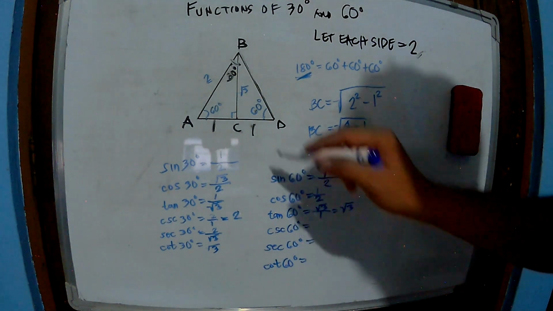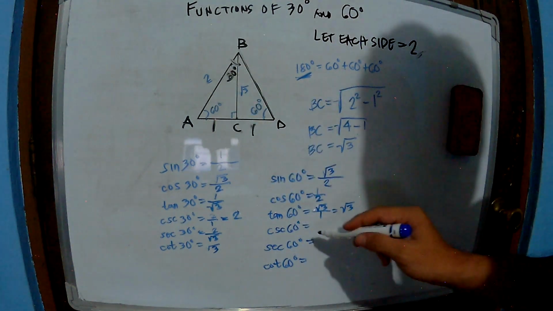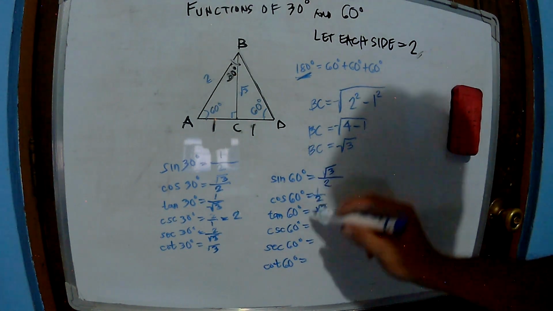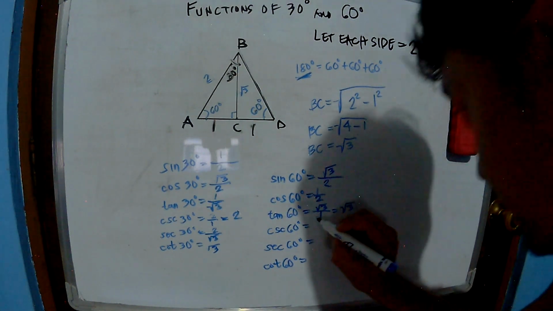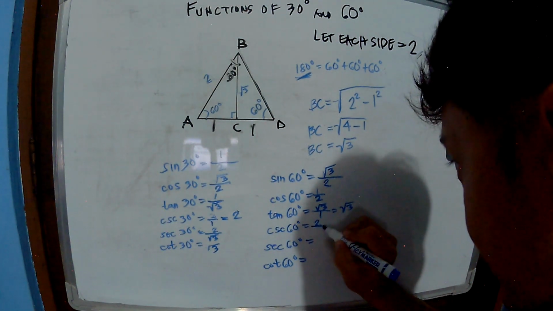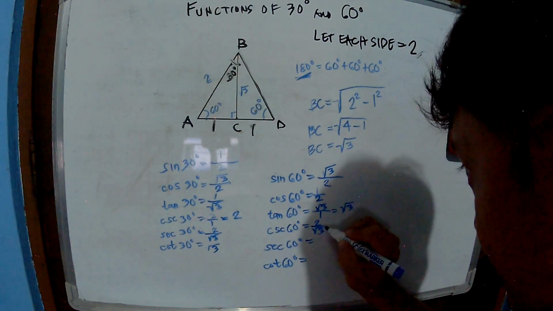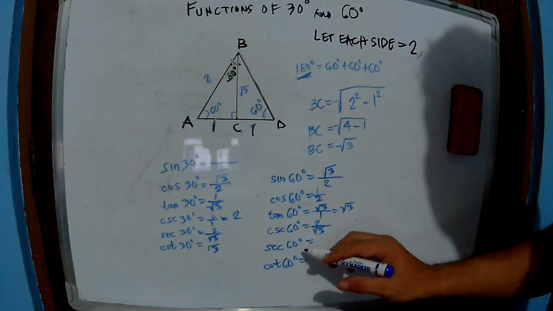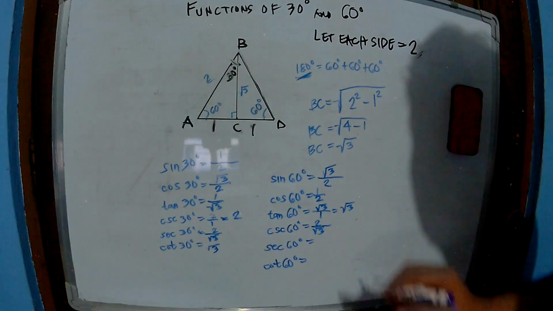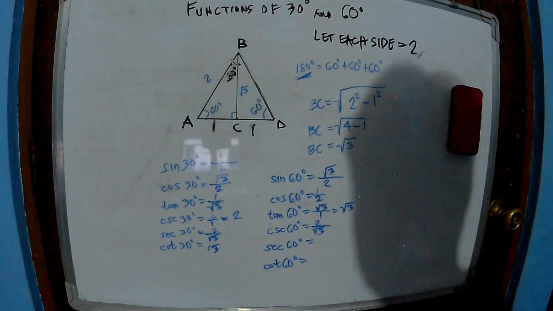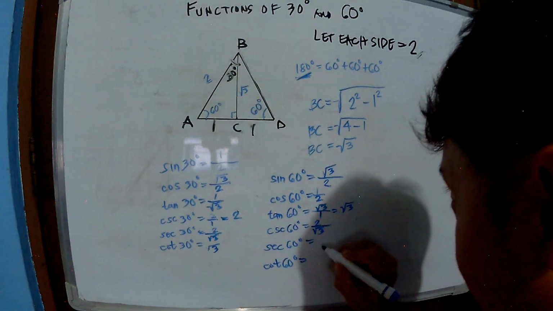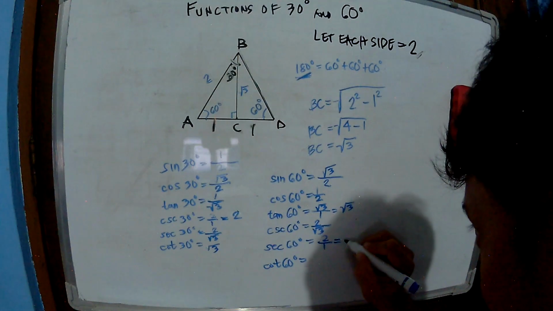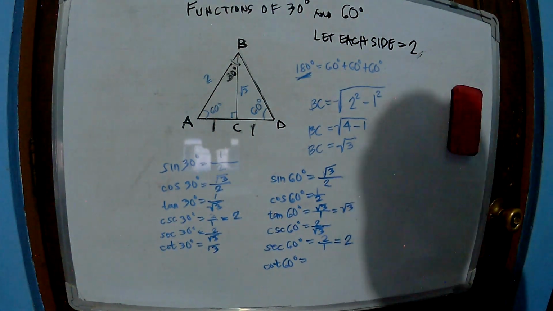For cosecant of 60, that will be the reciprocal of sine. So that will be 2 over square root of 3. For secant of 60, that will be the reciprocal of cosine of 60, which is 2 over 1 or simply 2.